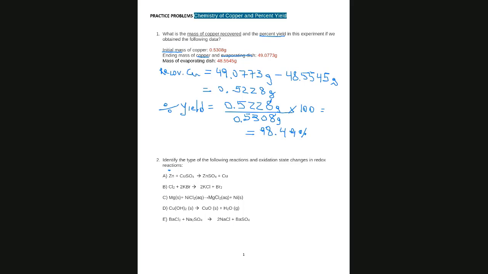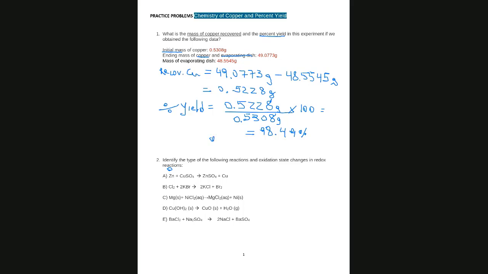But let's look at zinc on the reactant side. The rules of the oxidation state say that all free elements have an oxidation number of 0, including a diatomic gas.